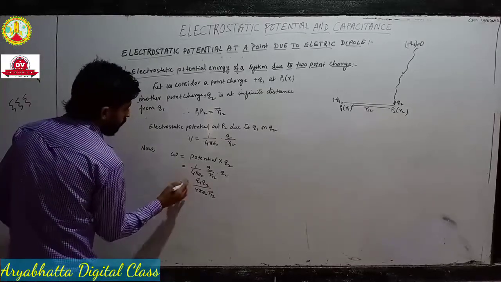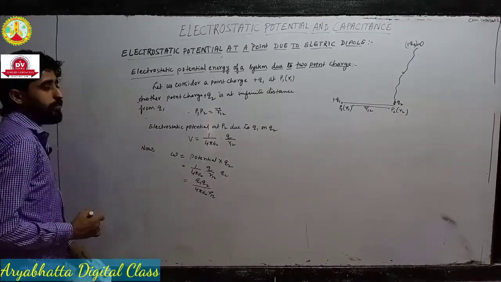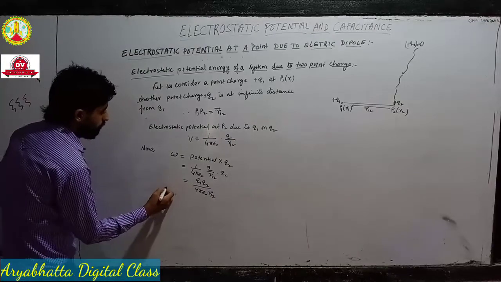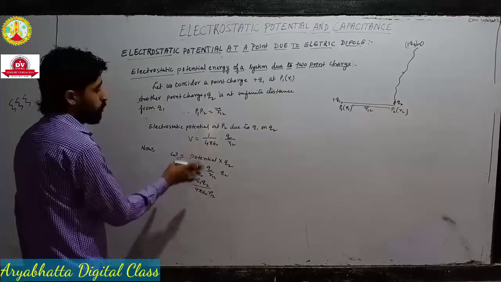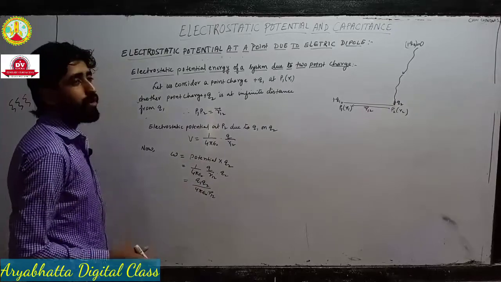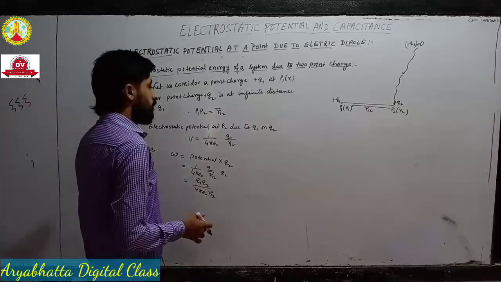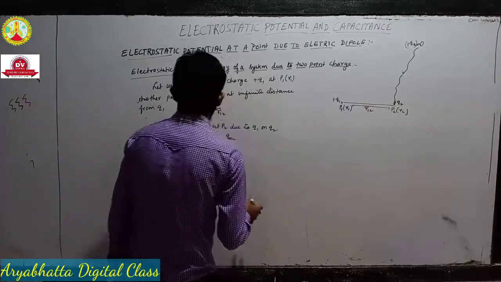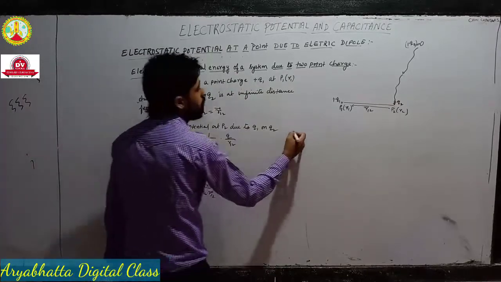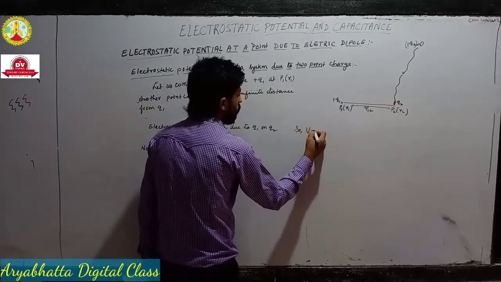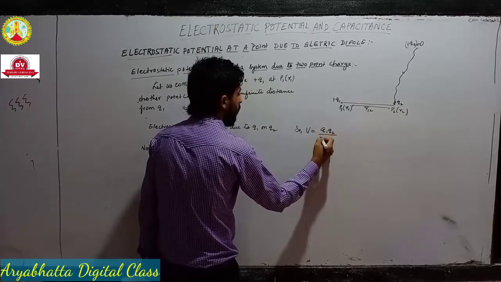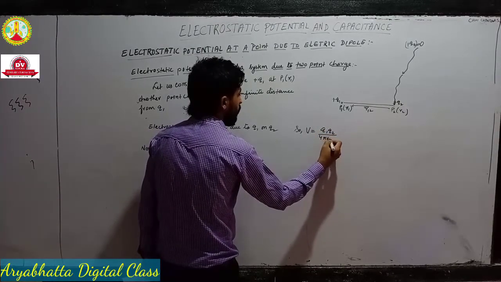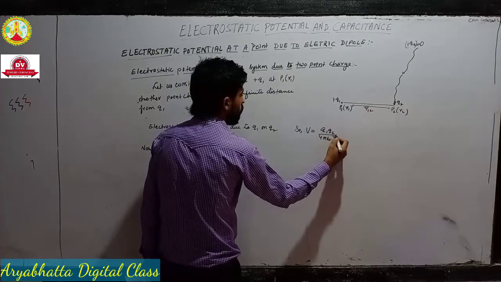So this is nothing but the potential energy. The total work done on the system is nothing but your total potential energy. So V is equal to, I can write, Q1 Q2 by 4 pi epsilon naught into R12.